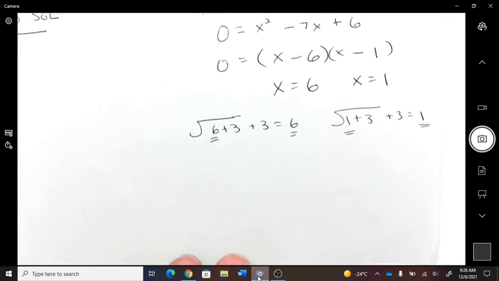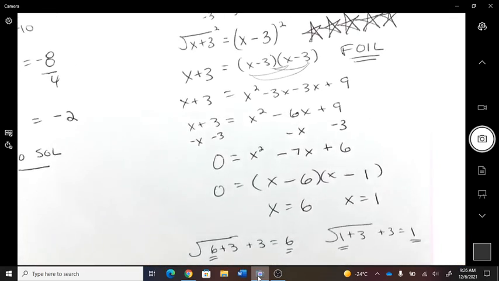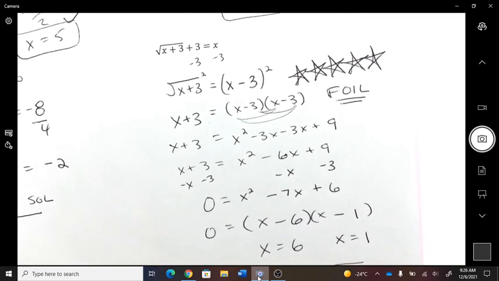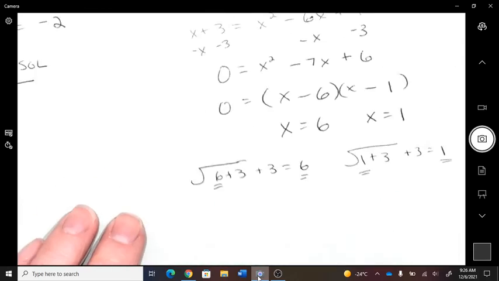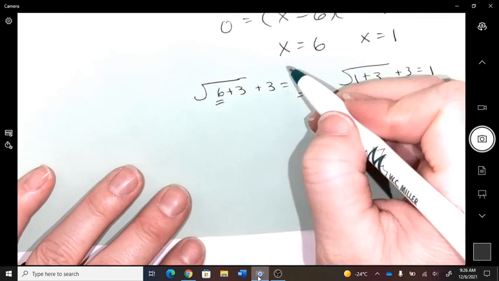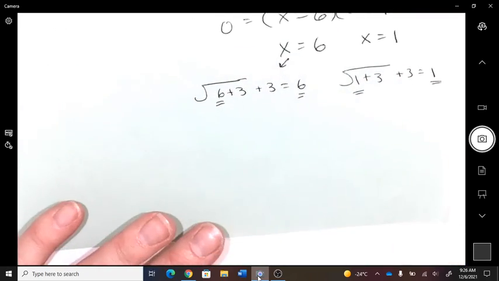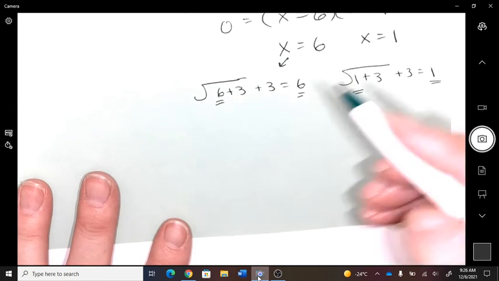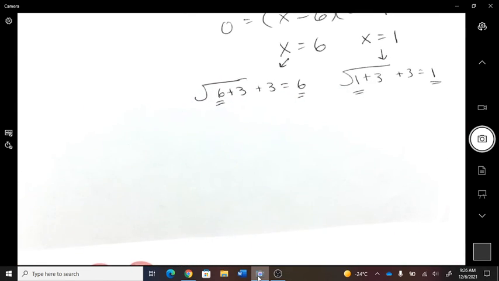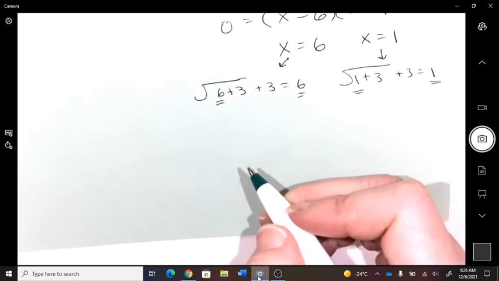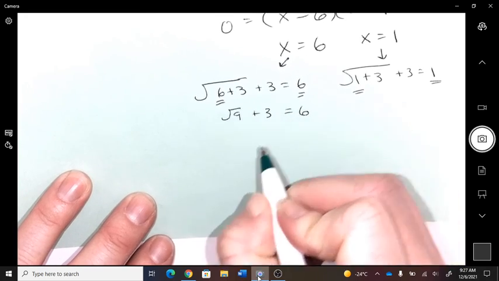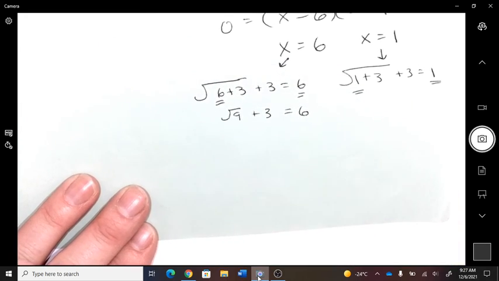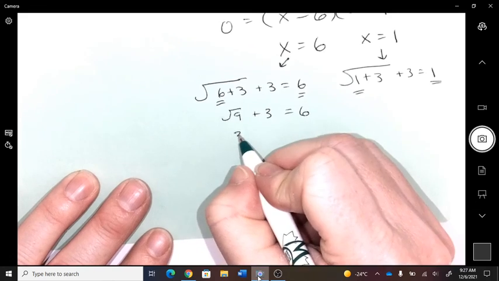Okay, so here's my original. Right? So every time you see an x, so on this one, I'm going to replace x with 6. On this one, I'm going to replace x with 1. Let's see if it works out. So this would be root 9 plus 3. Root 9 is 3.